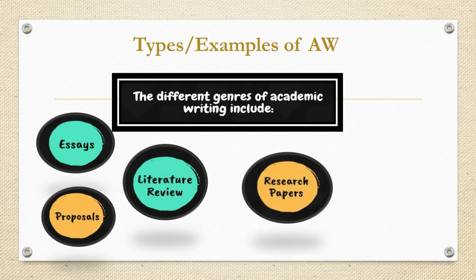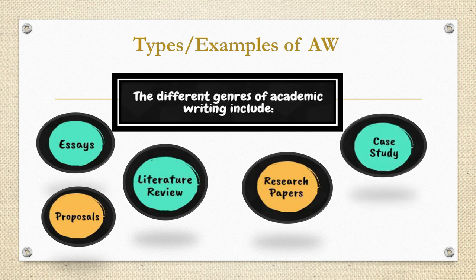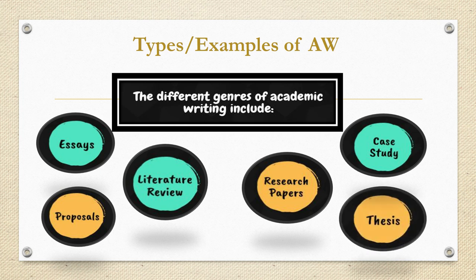Well, again, one of the examples or types of academic writing is research papers, which definitely you people require. Then case study is one of the research types. Then thesis. Thesis is required to be written by BS students or MS students or PhD students towards the last semesters of their academic work.